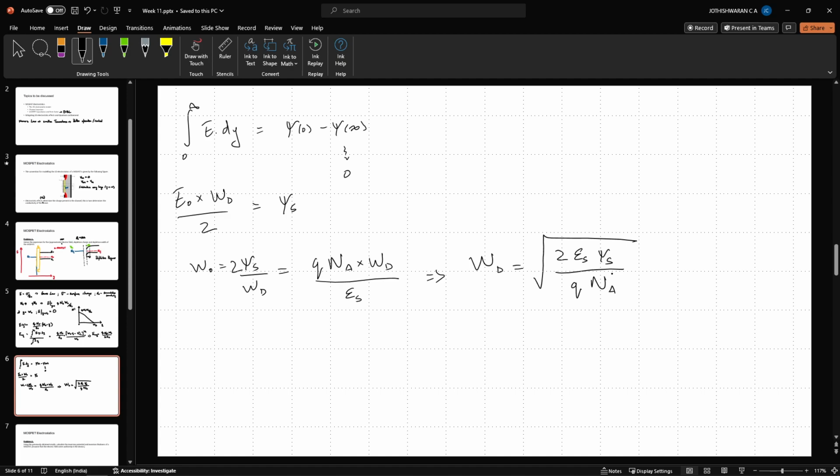So now, in terms of the known parameters and one unknown quantity, which is psi s, which we shall come to pretty soon, we know what the depletion width is.